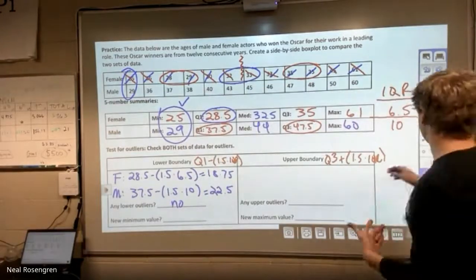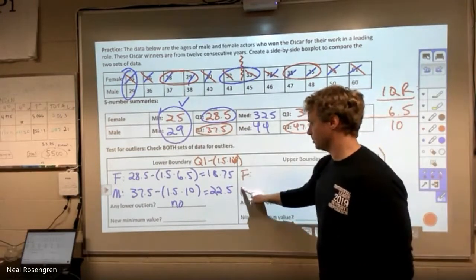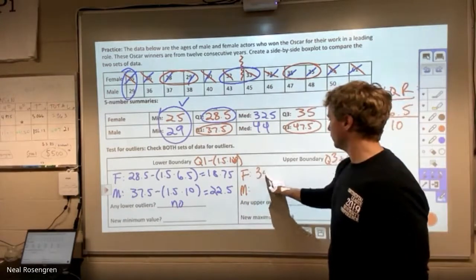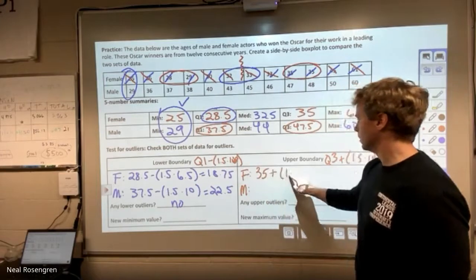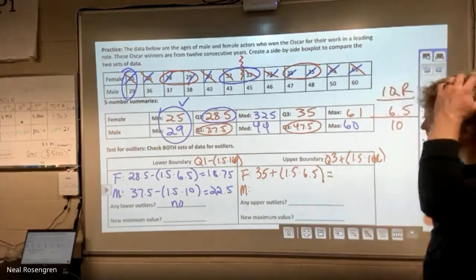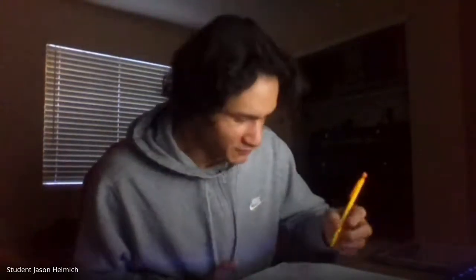Same thing up top. Now I just use Q3 plus. So I have to do it for females, and we do it for males. Okay, so Q3, so 35 plus 1.5 times 6.5. I got 44.75.